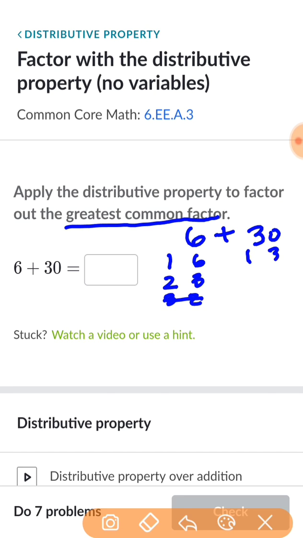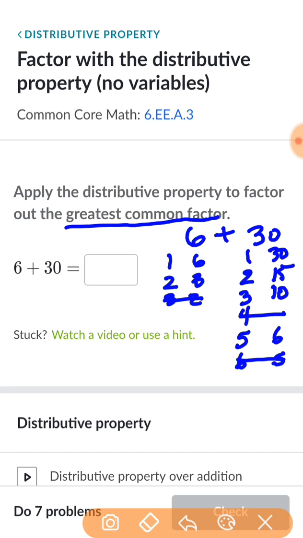So 1 times 30, 2 times 15, 3 times 10, 4 times nothing, so we cross that out, 5 times 6, and when we get to 6 times 5, we already have 5 and 6 on both sides, so we eliminate 6 times 5. So my factors of 30 are 1, 2, 3, 5, 6, 10, 15, and 30.